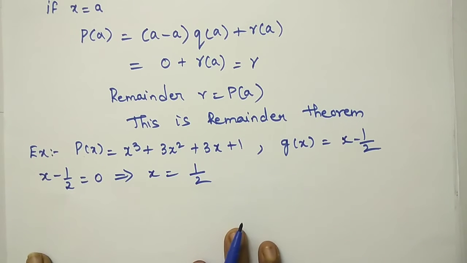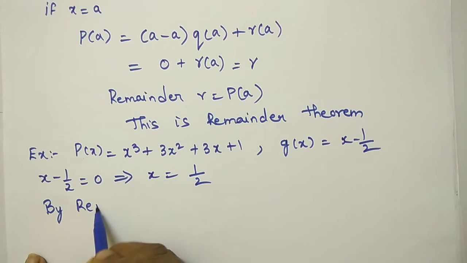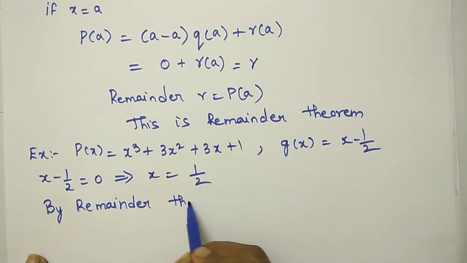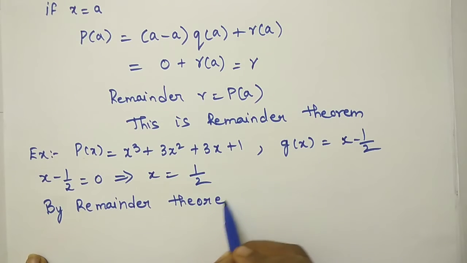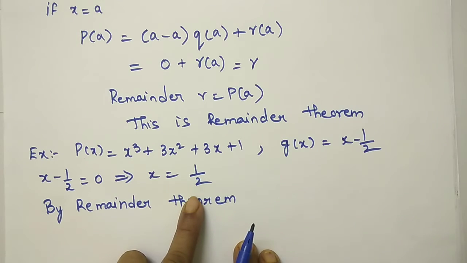Now by the remainder theorem, the remainder will be p of a, where a is 1 by 2.